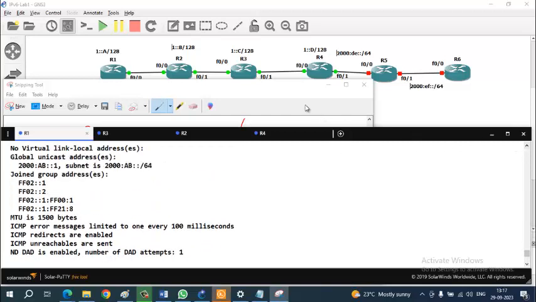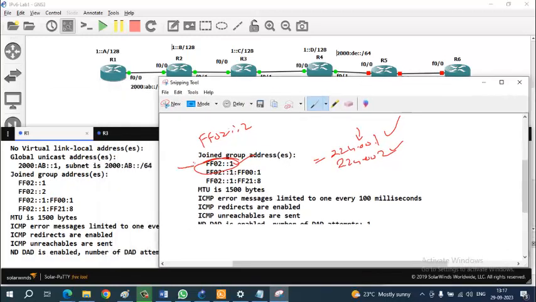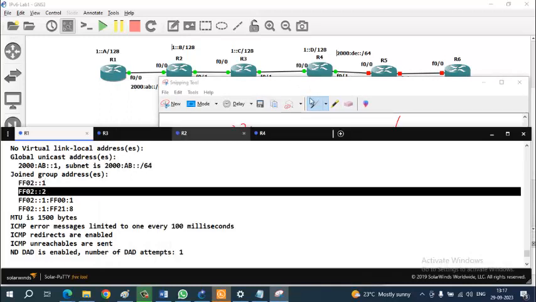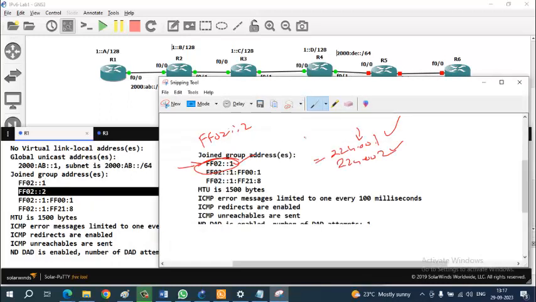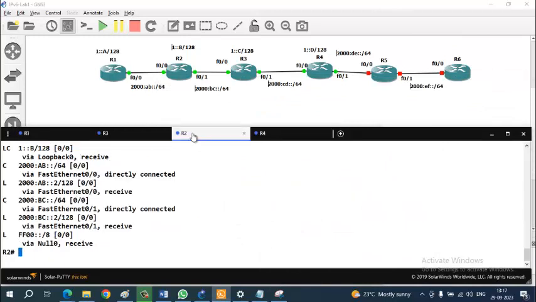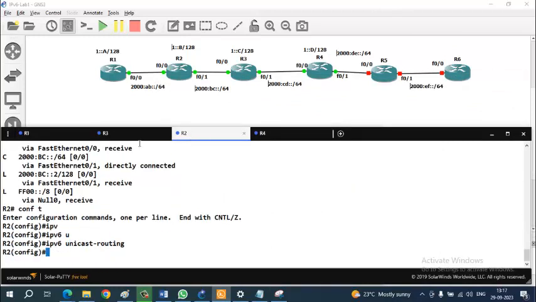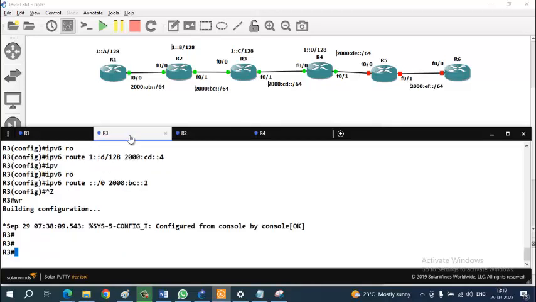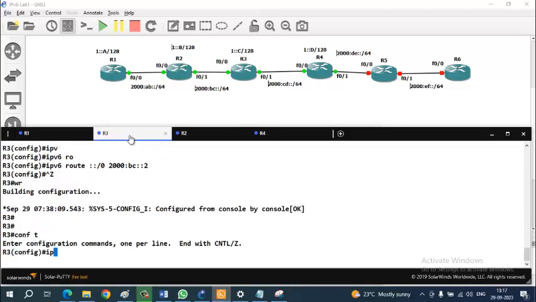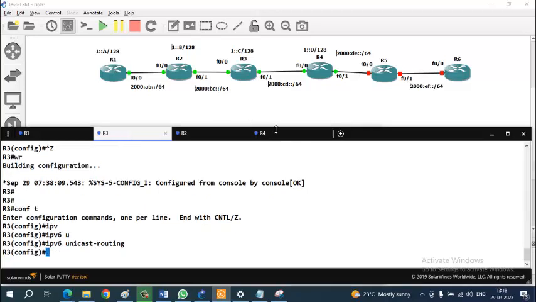Earlier it was only this. Now you have this also, FF02::2. You need to put this on every router in the path where routing is needed. IPv6 unicast routing. After giving this command, when you ping, it will ping.